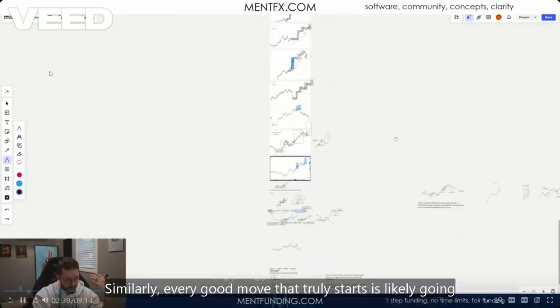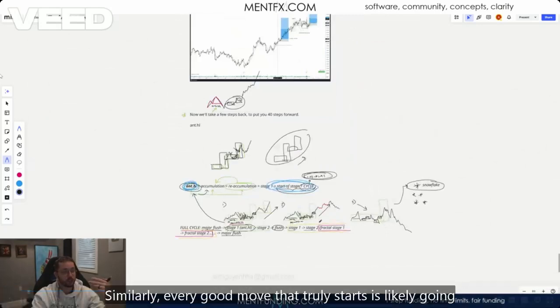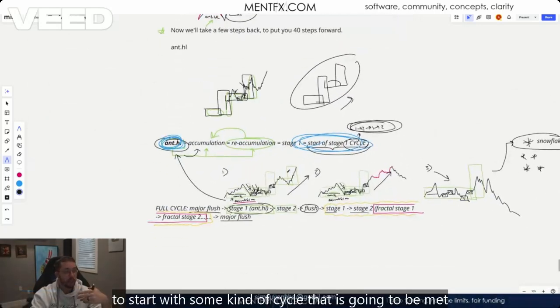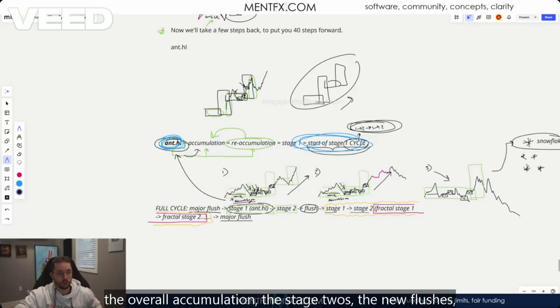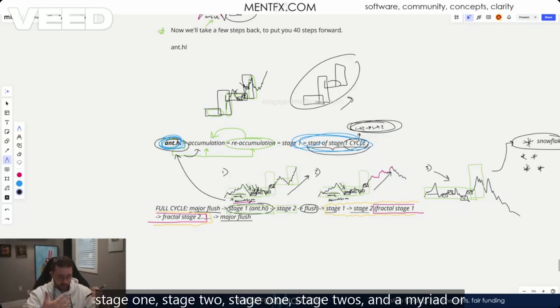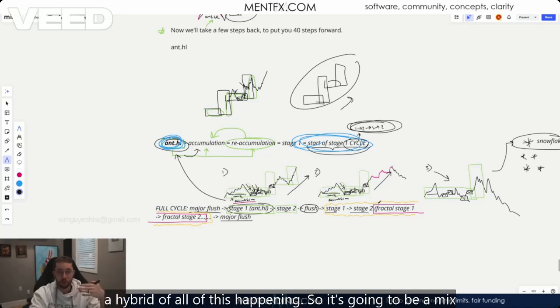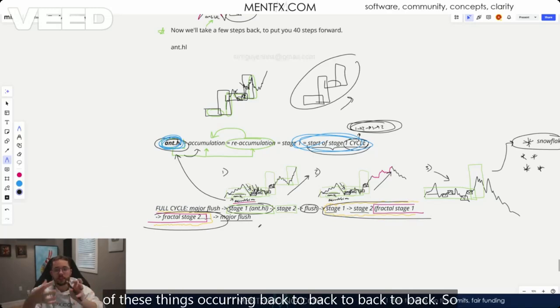Similarly, every good move that truly starts is likely going to start with some kind of cycle that is going to be met with that flush out, the anticipation of the higher low, so the overall accumulation, the stage 2s, the new flushes, stage 1, stage 2, stage 1, stage 2s, and a myriad or a hybrid of all of this happening. So again, a hybrid simply means that it could be a mix of these things occurring back to back to back.